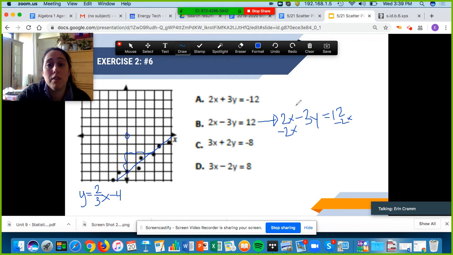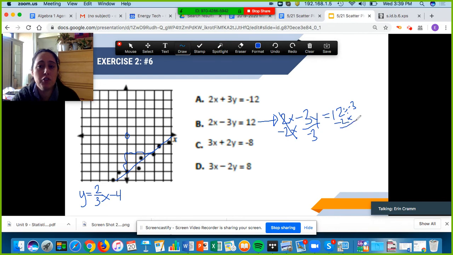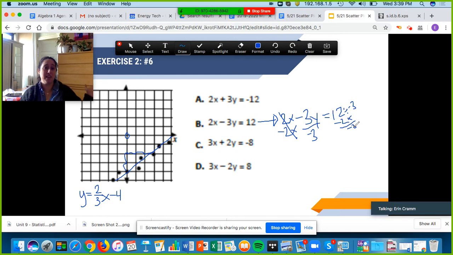Okay. So now this cancels out. And I'm going to save a little time. I'm just going to divide everything by -3 because I've got -3y here. So I'm going to divide the 12 by -3. And I'm going to divide the -2x by -3. So everything gets divided by -3.